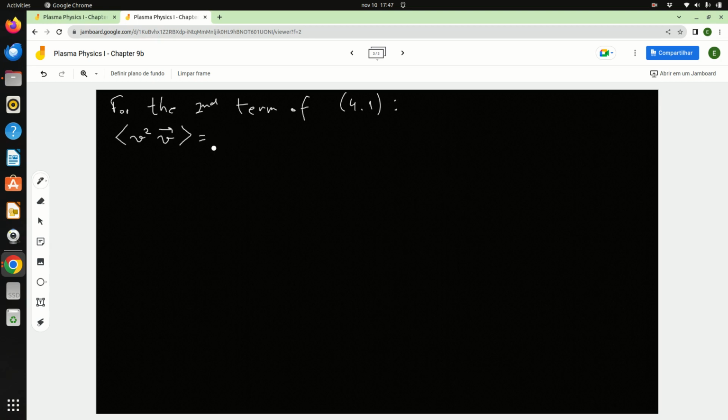It's not, the second term is more than this, but let's start rewriting this one. So this one is this, okay. V can be written like this. This is V square times V.